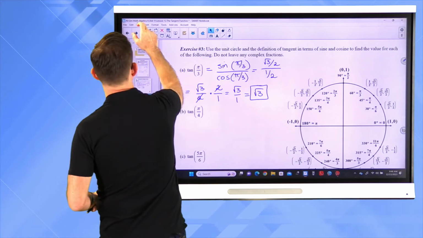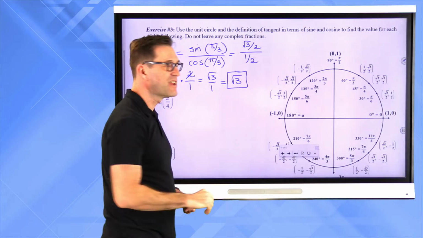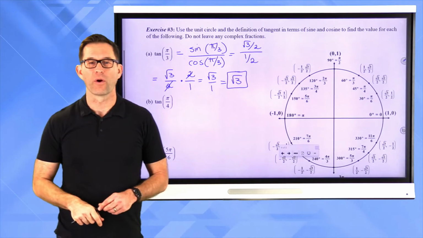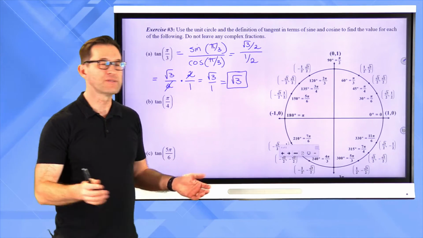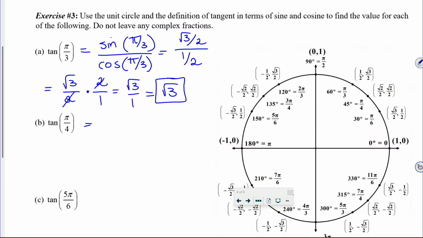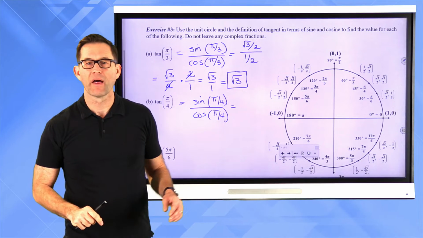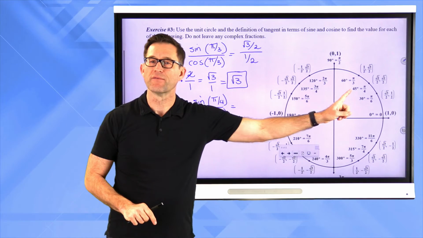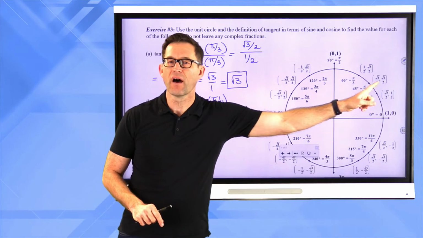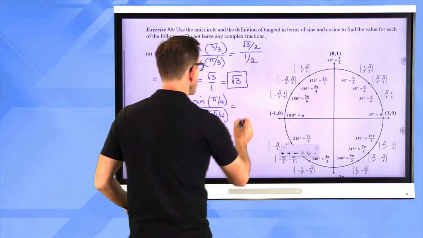All right, going back, let's take a look at tangent of pi over 4. This is one of my favorites. Tangent of pi over 4 is going to be the sine of pi over 4 divided by the cosine of pi over 4. But of course, the wonderful thing is that pi over 4, which is at 45 degrees, has a sine and a cosine that are exactly the same.